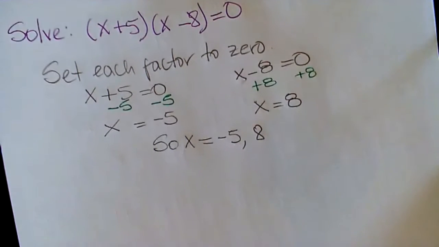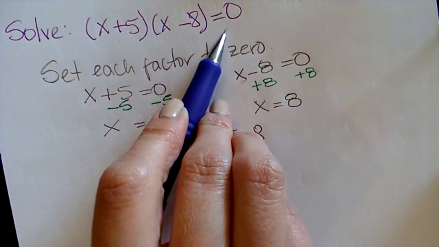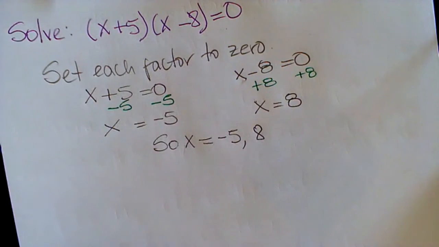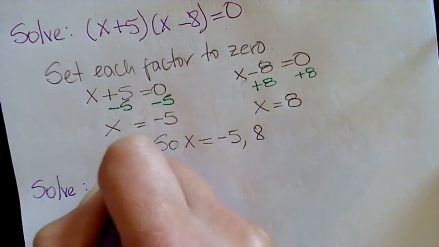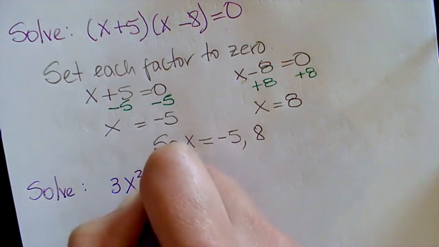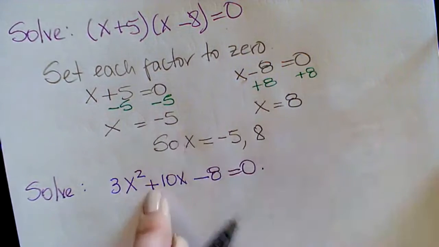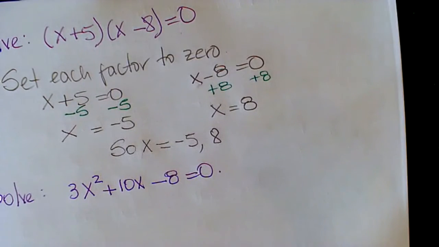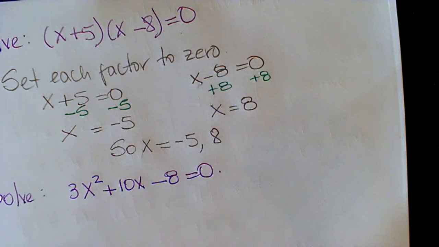Now we're going to try a few that are not in this form, A times B equal to 0. So let's try something different. This one says solve 3x squared plus 10x minus 8 equals 0. Again, what do I need to do? I need to use the box method right away. So let's do it.